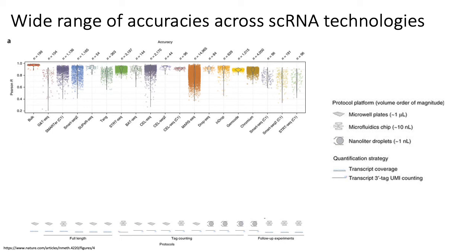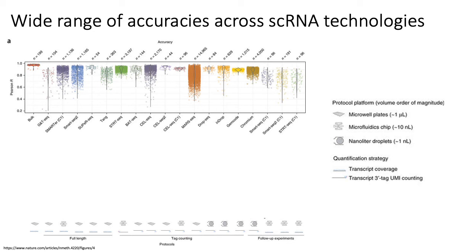So this figure is from a study that measured the performance of a large number of single-cell RNA-seq protocols and compared them based on their ability to quantify the expression of spike-in RNAs that correspond to essentially fake genes of known concentration. They defined accuracy, in the top figure, as how close the estimated relative abundance levels of these fake genes were to the actual known abundance levels of these spiked-in molecules.